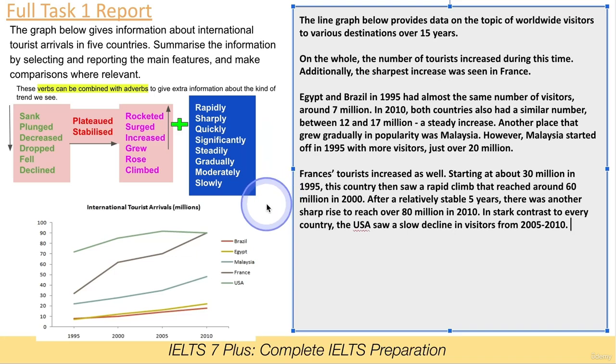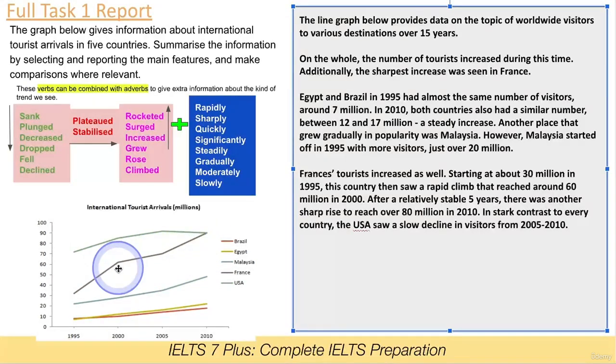Then group 2, France's tourists, I said it was a mouthful. France's tourists increased as well. Starting at about 30 million in 1995, this country then saw a rapid climb that reached around 60 million in 2000.